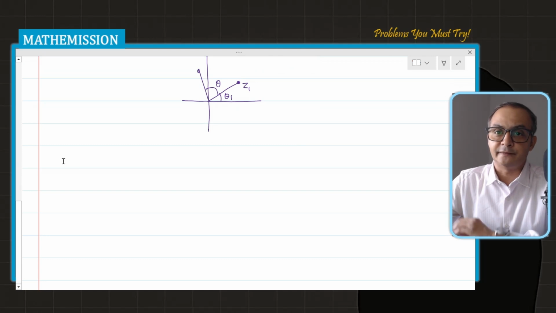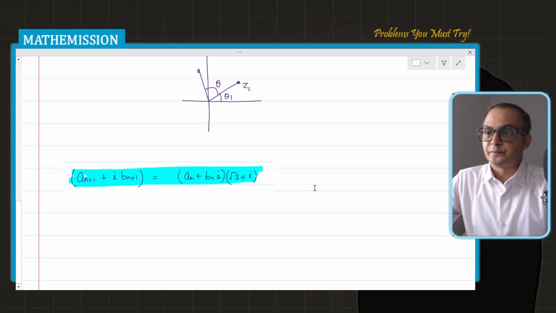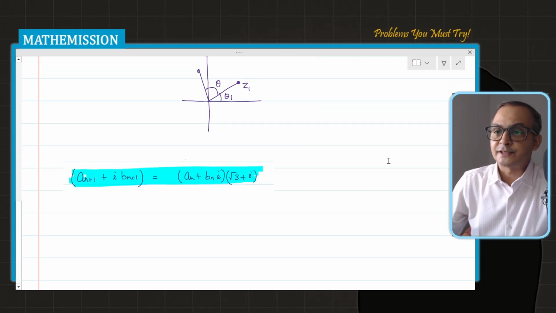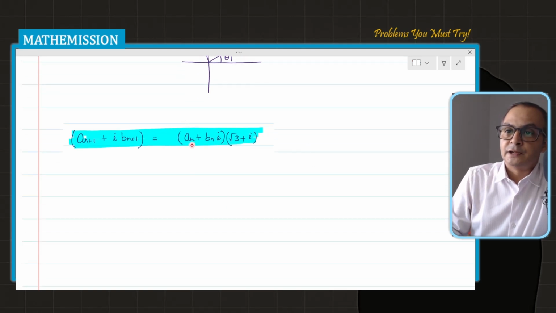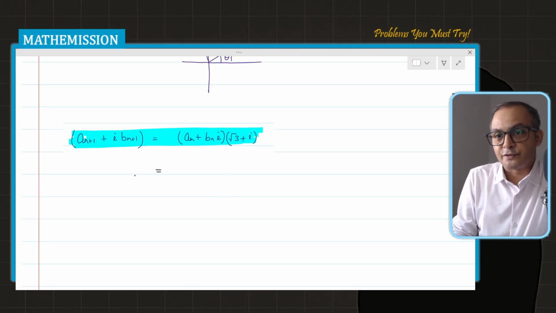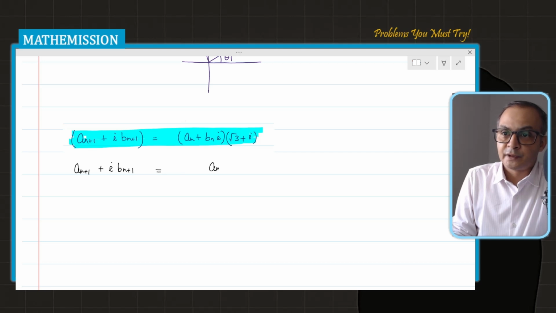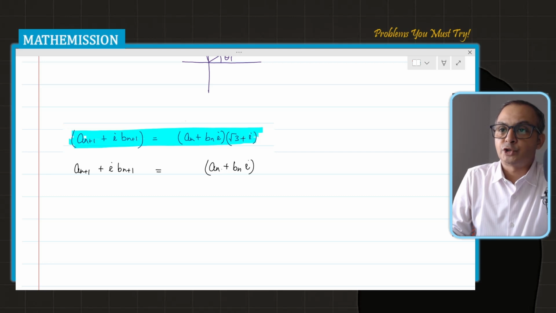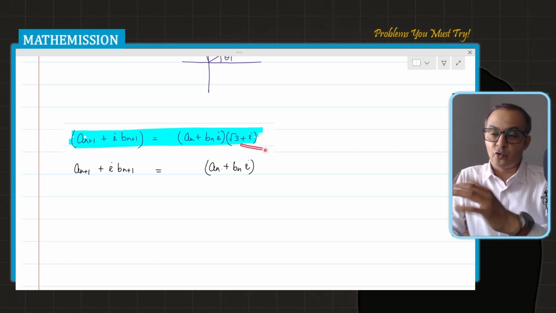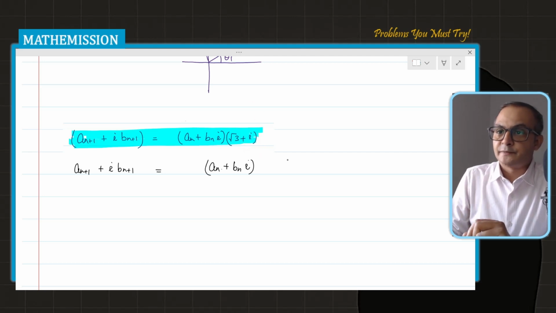So how do we understand? Let's think. I have this original position, a_n plus b_n i. So let me write it this way: a_(n+1) plus i b_(n+1) I can write as, with a_n plus b_n i, and I want to write this root 3 plus i in its Euler form. So how do we write it?